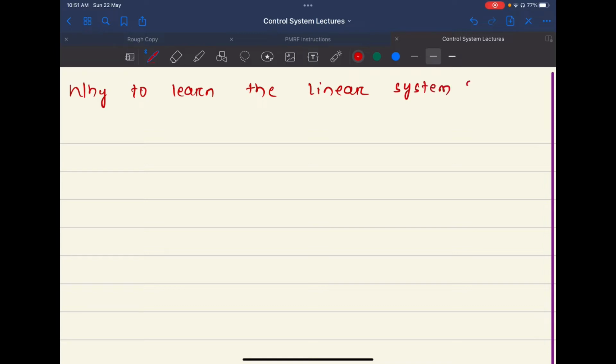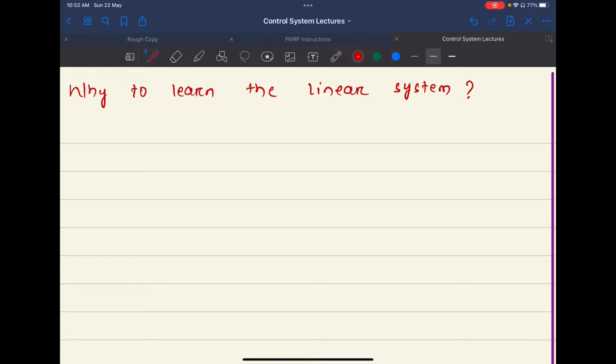In other words, you can ask, what is the beauty of the linear systems that we learn? Because in most practical scenarios you will find non-linear systems. But why are we only learning about the linear system?